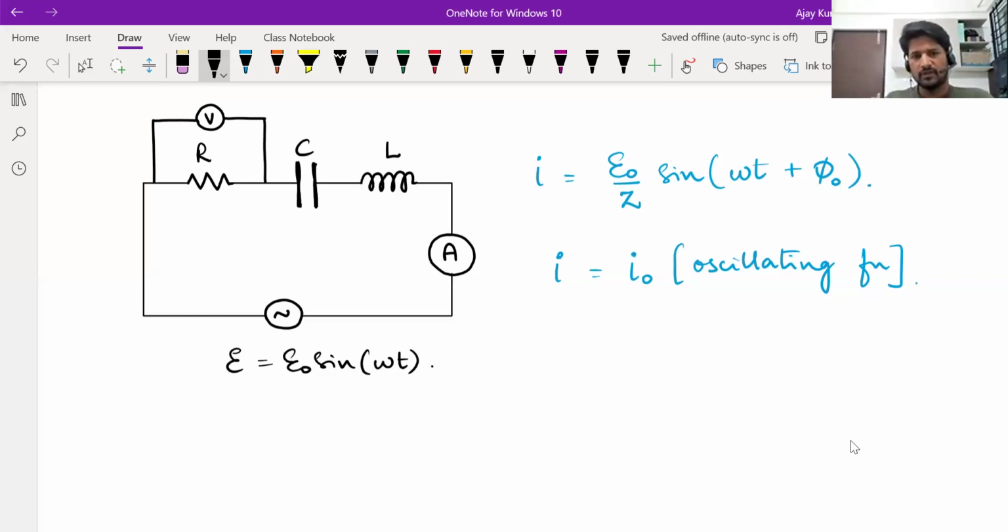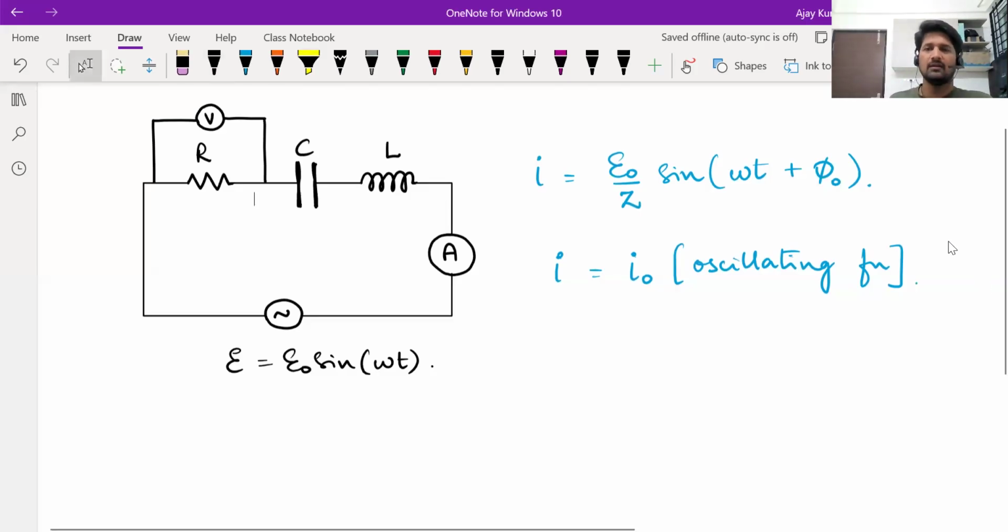Now you know the EMF across the resistor will be alternating, so the average value will be 0. But in an AC circuit, when they ask the reading of a voltmeter or ammeter, they're actually asking for the RMS values, effective voltage, effective current. That is what you are supposed to answer. Okay, let's solve problems based on all this.